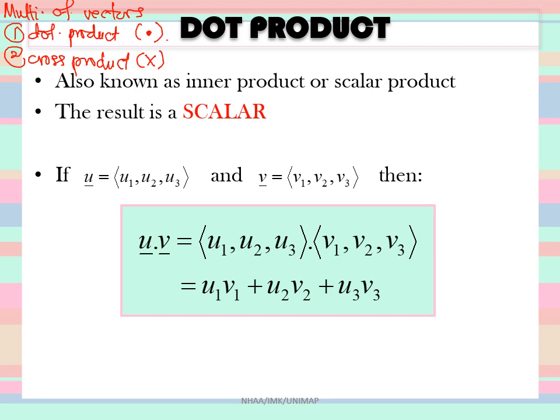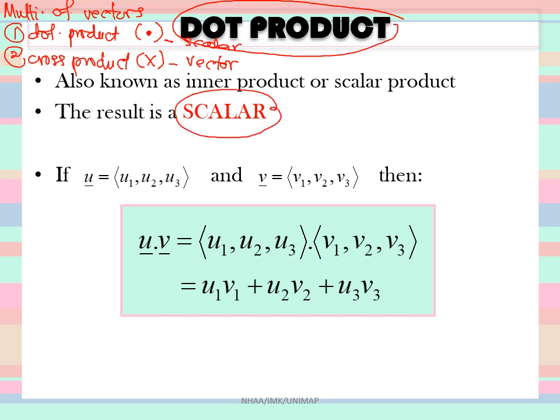If you perform dot product, it will give you an answer in scalar, meaning it will give you magnitude only, a number only. While if you perform by using cross product, you will get the answer in vector form. So here we can conclude that dot product will give you a scalar. Cross product will give you a vector.